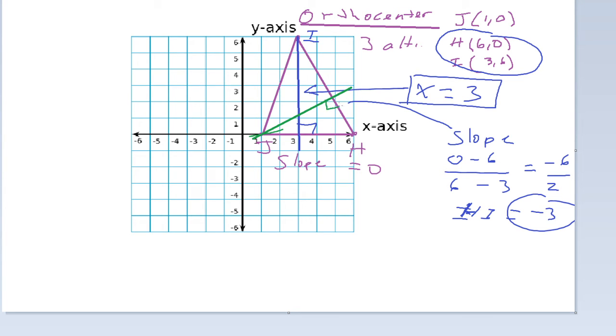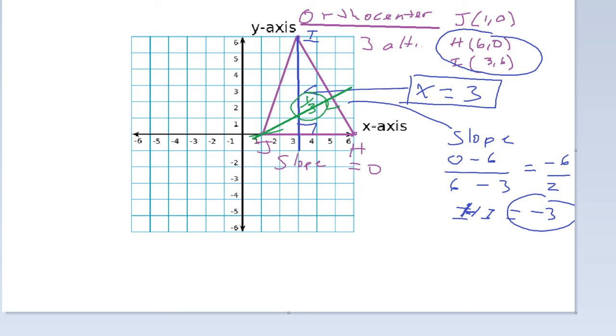Okay, well, if IH has a slope of negative 3, this green line has to have a slope that is reciprocal and opposite. So the opposite and reciprocal of negative 3 is 1/3. That's that slope, 1/3.